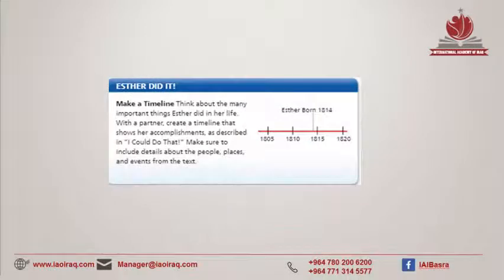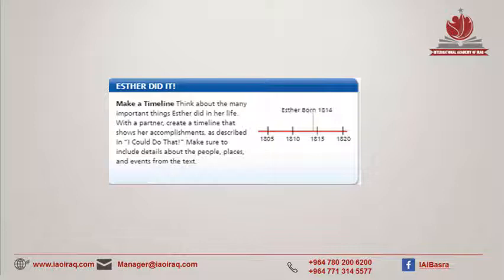Guys, I will attach a bit of a template, but this is going to be the homework I want you guys to do for today. So it's make a timeline. Think about the many important things Esther did in her life. With a partner, unfortunately, you're not in class, so you're going to have to do it by yourself. Create a timeline that shows her accomplishments as described in I Could Do That.